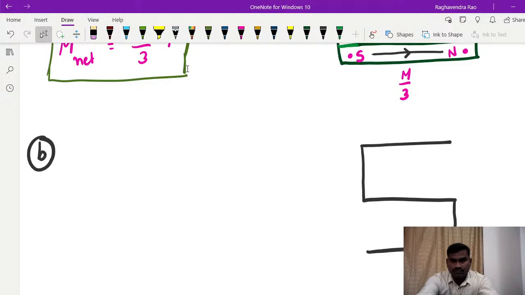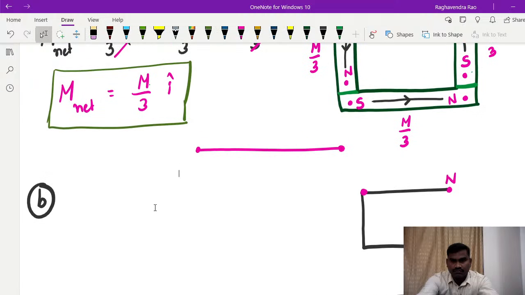For example, this is the north pole and this end is the south pole. In general, a bar magnet we are taking like this. For a simple diagrammatic representation, we are taking a straight line without drawing a magnet.